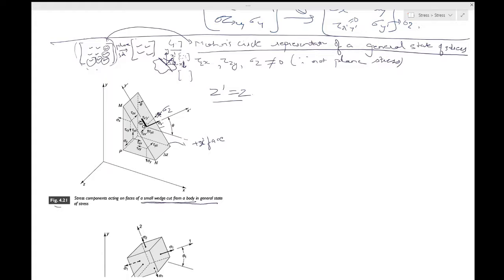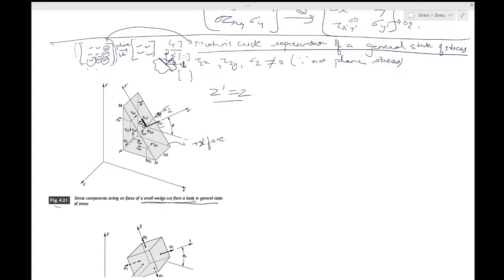When we examine figure 4.21, we see that the stress components sigma x dash and tau x dash y dash are unaffected by the stress components associated with the z axis. Let's see.